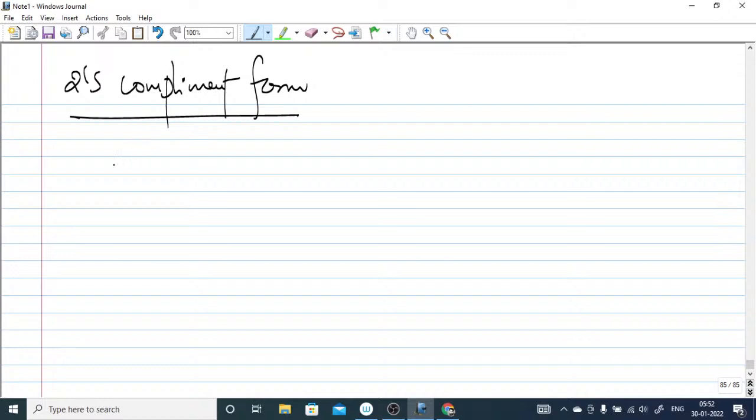So what is 2's complement? Suppose you have to represent 21 in 2's complement. It will be the same as the sign magnitude form, that is 0, because it is plus, and 21's binary equivalent is 1 0 1 0 1.